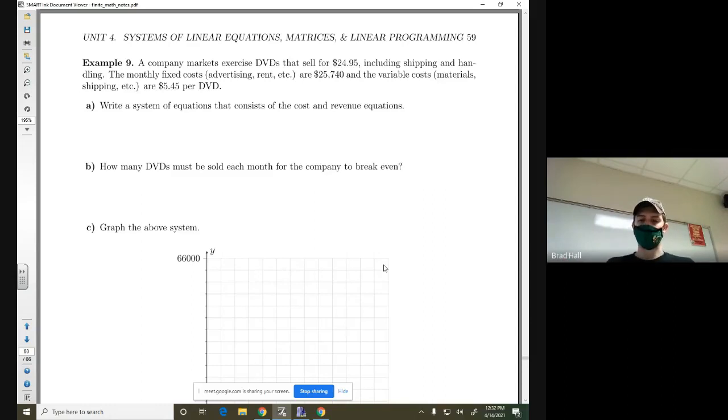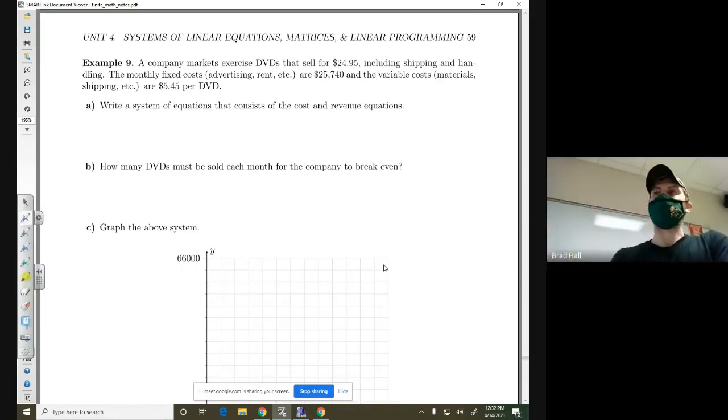So with all this information, they first want us to write a system of equations that consists of the cost and the revenue function. So basically, what is a function that talks about the cost of everything versus the revenue? Now, I'm going to write it instead of y is equal to mx plus b, because these are ultimately just lines. So lines can be represented in this way.